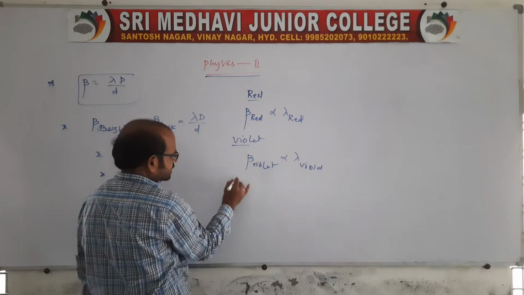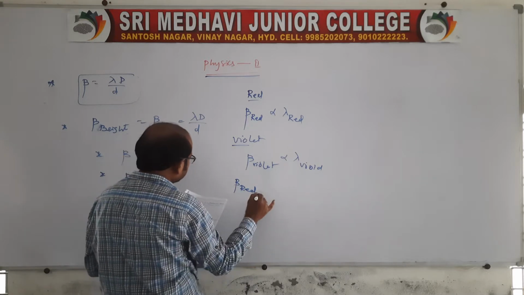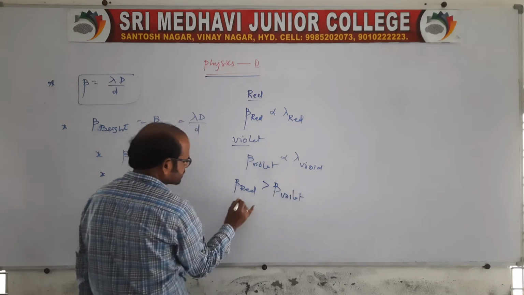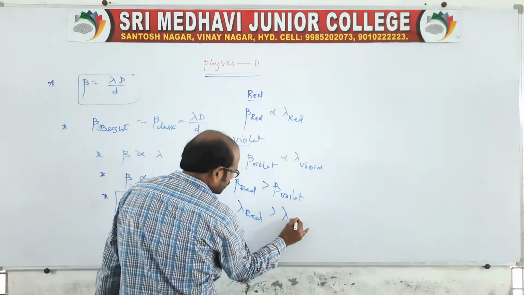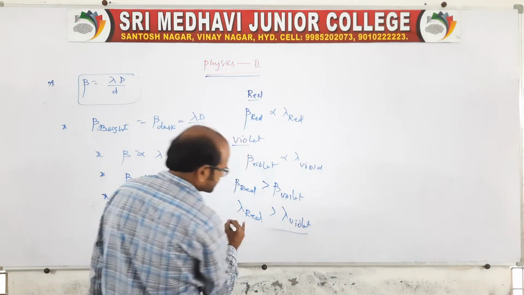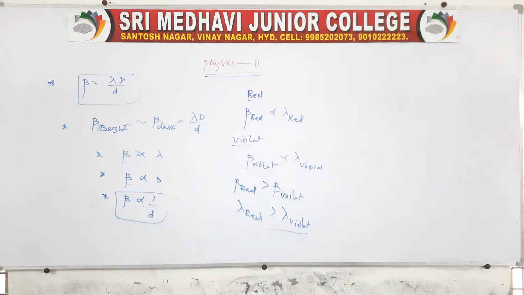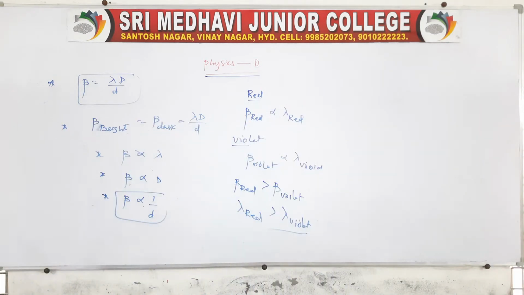Because the wavelength of red color is more, beta red is greater than beta violet, and lambda red is greater than lambda violet. So fringe width depends on the wavelength of the colors. This is one condition on the basis of fringe width.